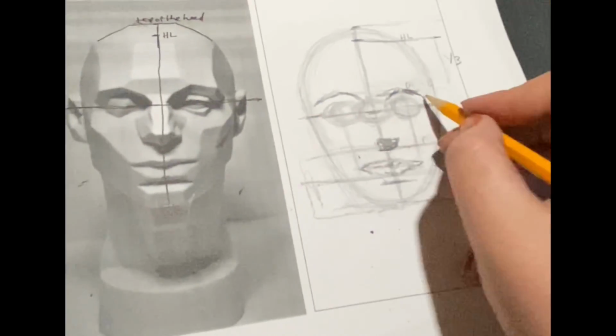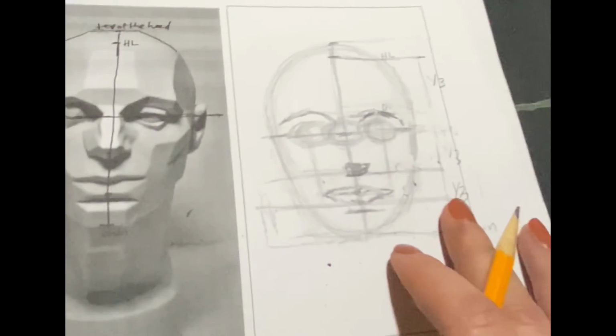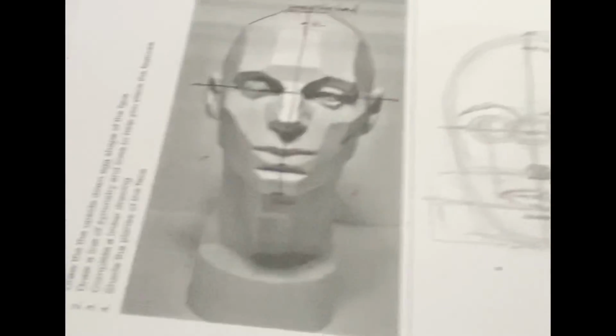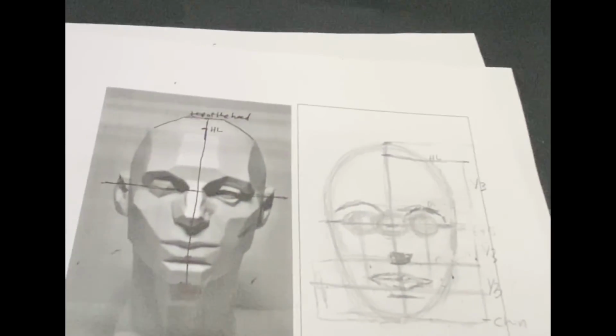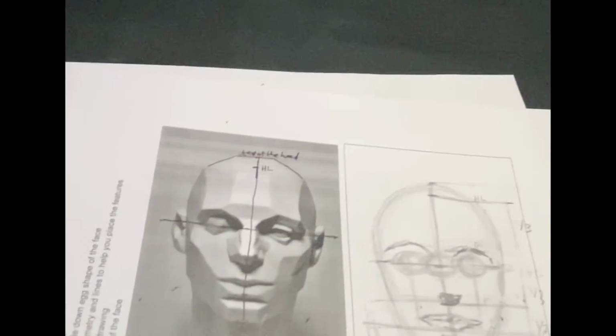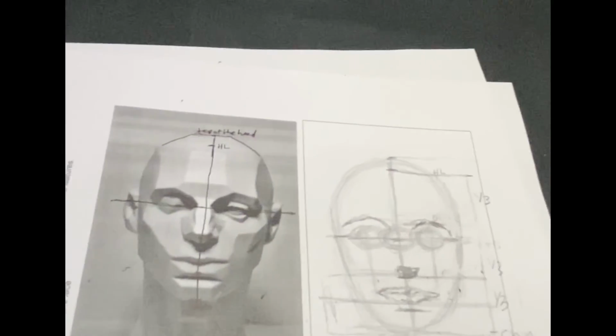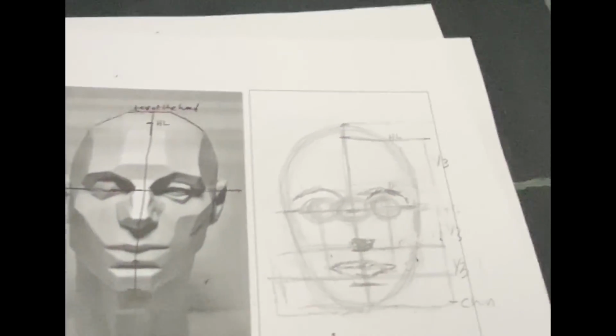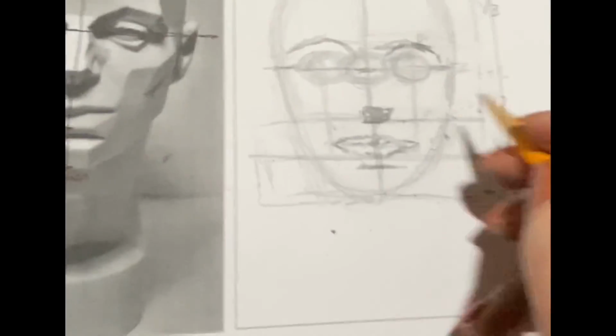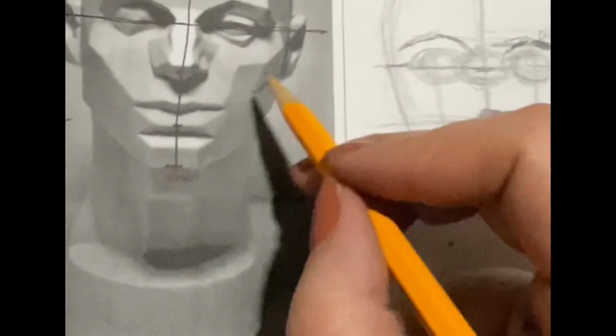So now about the ears, and this is true for everybody. Everyone's ears peek up a little bit above your eyes. Like that tip of your ear that you can snip off with scissors, if you really wanted to. They just go up a little bit above your eyes. So I'm looking at the reference here.